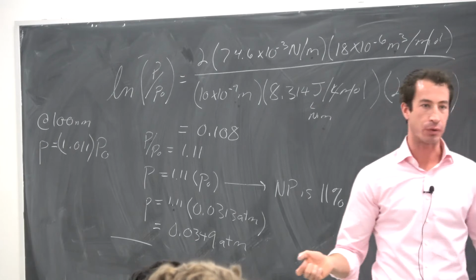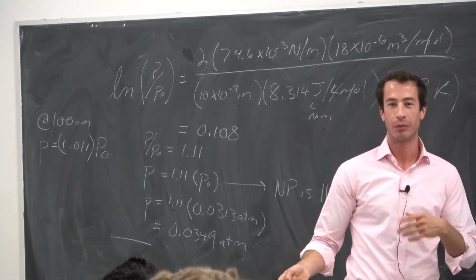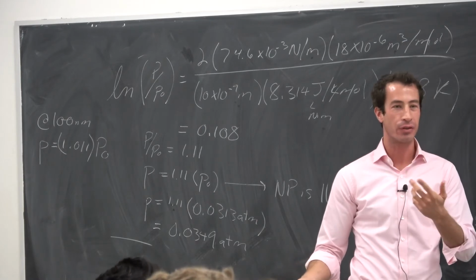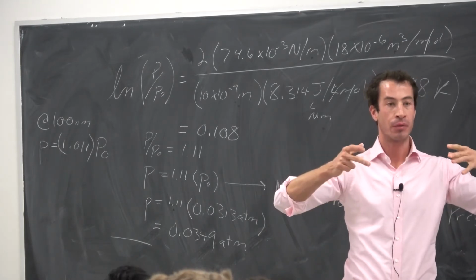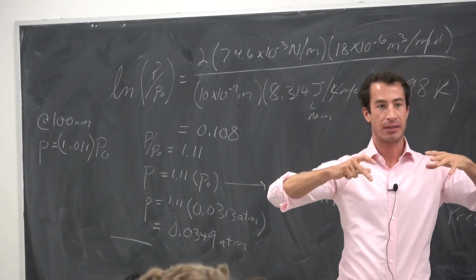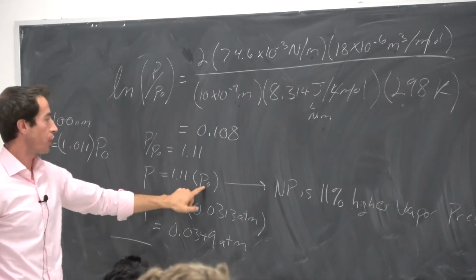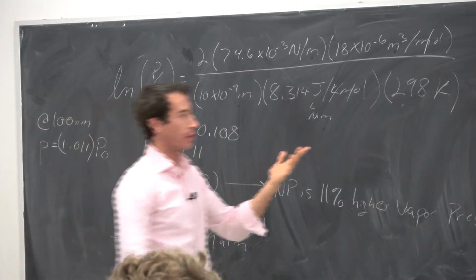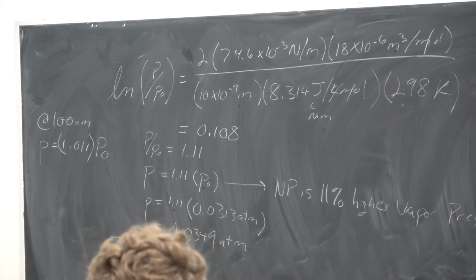Unless, what could you do? Decrease the temperature, but what else could you do? If you had it in a closed system, you could increase the pressure of that system, so you were no longer at atmosphere, because then you would change this term. These are only at standard pressure.